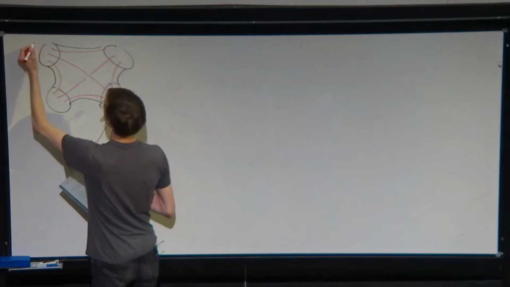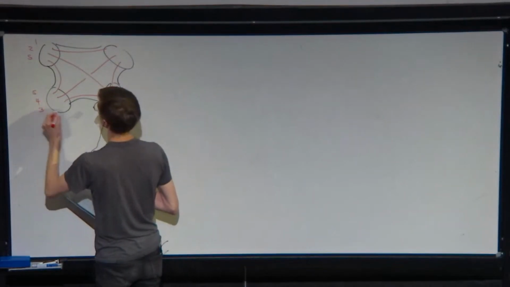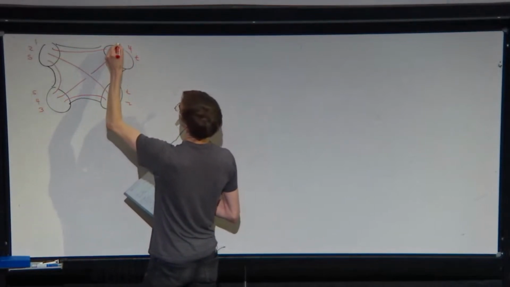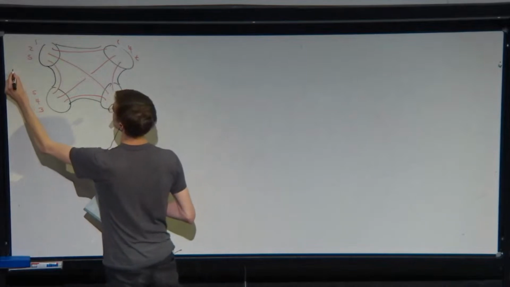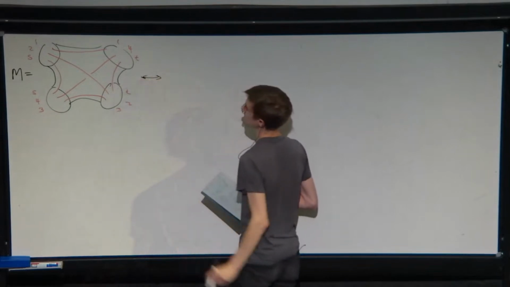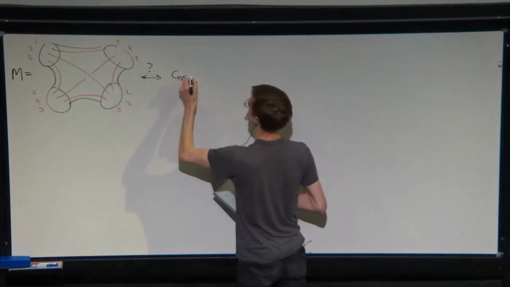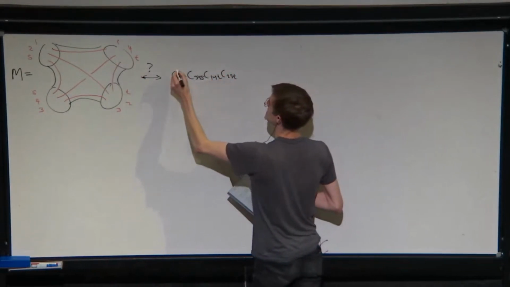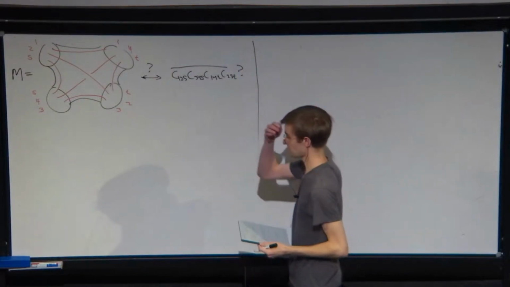So let me label these 1, 2, S, 4, 3, 3, 2, T, T, 4, 1. Let me call this M. And the idea was that if you could compute the partition function on this thing, it might tell you about the following 4th moment, that is needed for the consistency of this whole ensemble story.